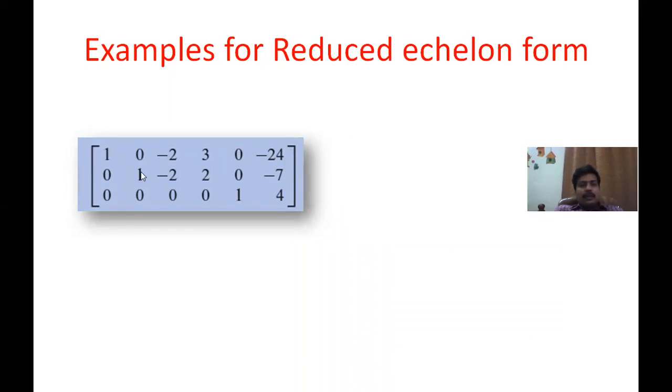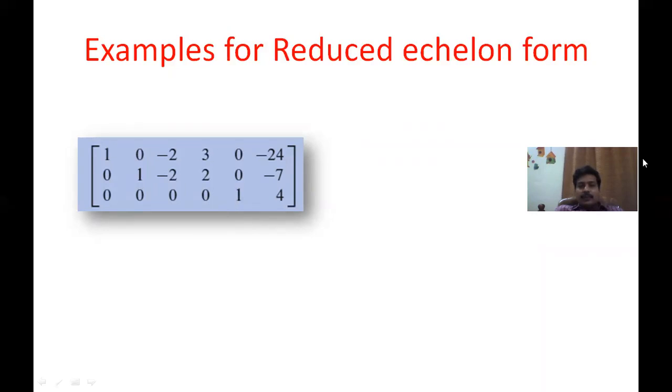So this is a matrix which is in reduced echelon form. Here you can observe that these 3 are leading entries, 1, 1, and 1. In this one, the first, second, and fifth columns have leading entries, and all other entries in these columns are zeros.